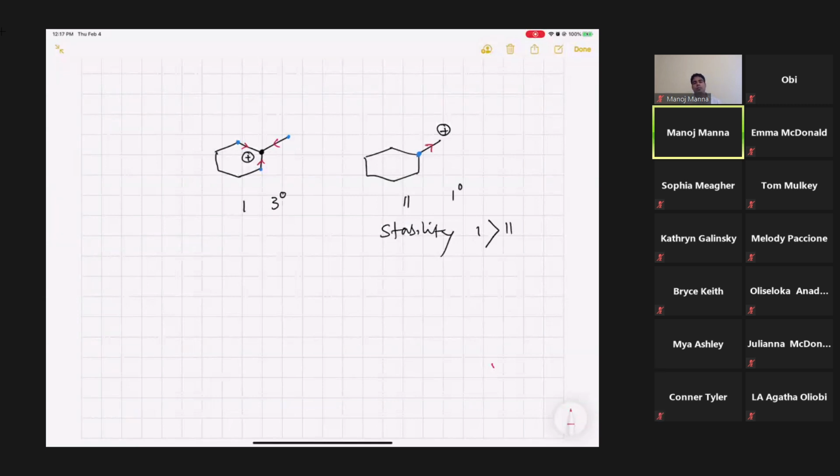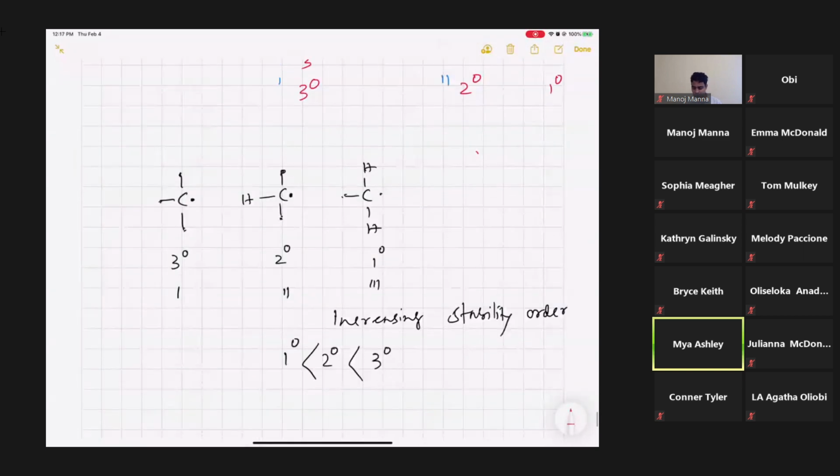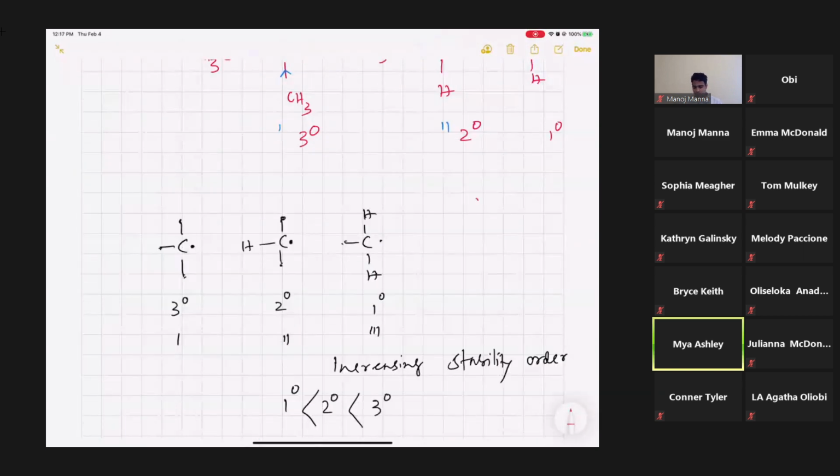Thank you. May you explain why in the radical, the 3 degree is more stable? So, as I mentioned, there is something called the octet rule. If the outer orbital has an octet of 8 electrons, that is more stable, right? Now check how many electrons you have. 1, 2, 3, 4, 5, 6, 7 electrons, correct?